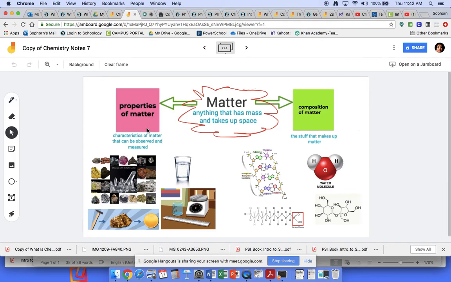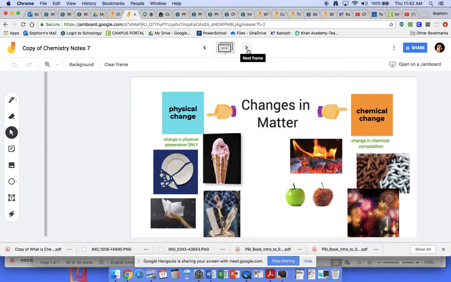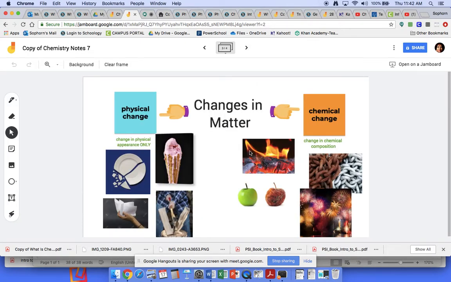So when we study matter, we study its properties, we study its composition. Okay. Also, it would not be chemistry if we didn't study the changes in matter. So when we learn as much as we can about properties and composition, we go to see how matter changes.